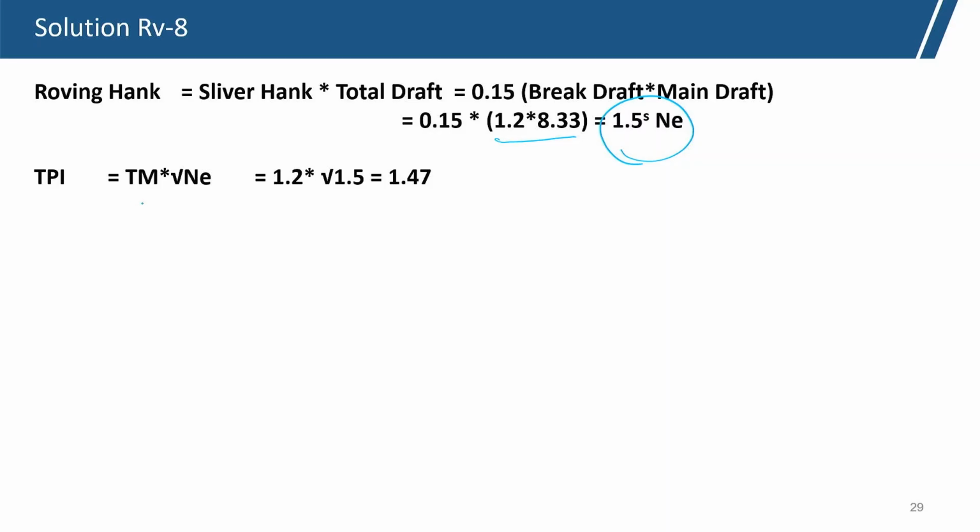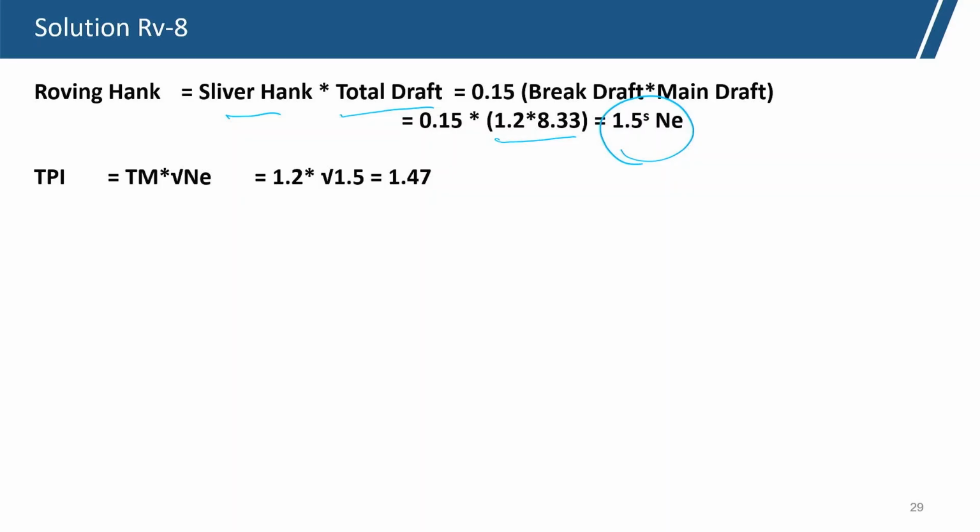Here roving hank was not given, so we have to calculate the roving hank from the sliver hank. Roving hank is sliver hank into total draft, basically total draft is the brake draft and main zone draft, that we can calculate.